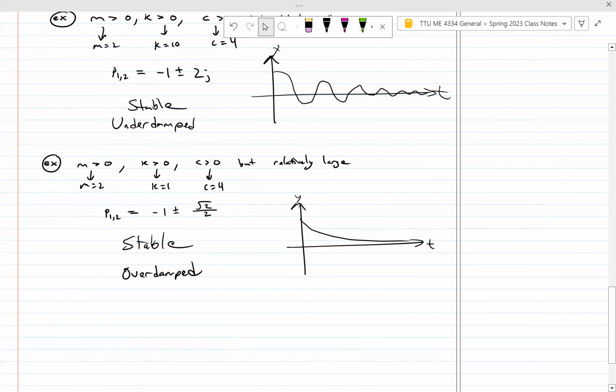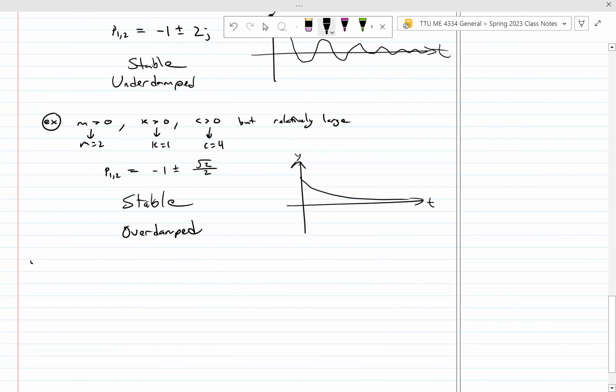All right. Last one. M is greater than 0, K is greater than 0, and C is less than 0. So let's say M is 2, K is 10 this time, and C is -4. What are our poles? And what type of system do we have, in terms of stability, I should say?